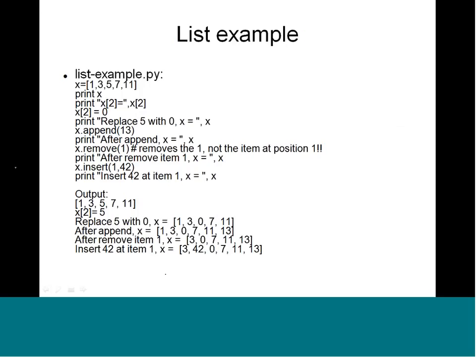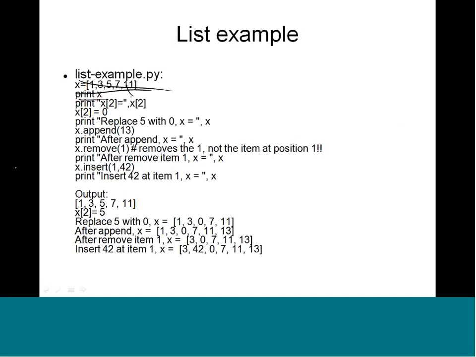So some more examples of lists. So this is like a list example of pi. We define one list, which is just the odd numbers except 9, and we print x.